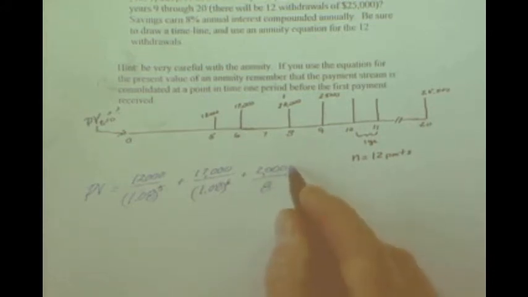The 20,000 at year 8, we'll bring it back 8 periods. Now all 3 have been put back to time zero.